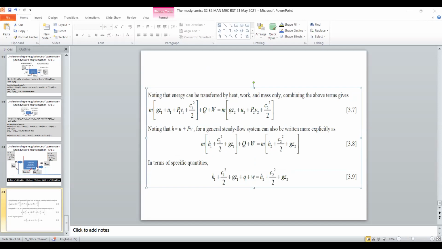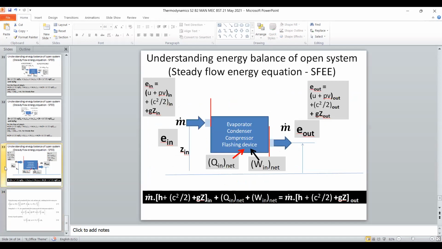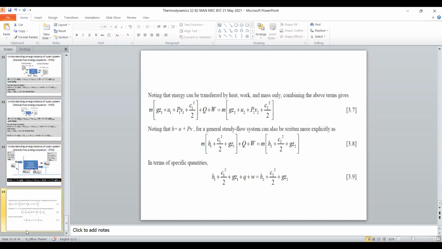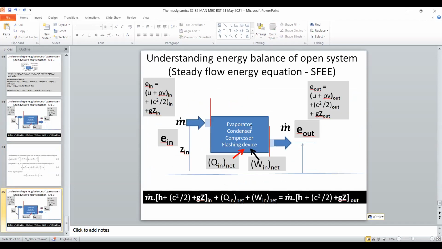So this could be any component. Any means that there should be flow in and flow out.